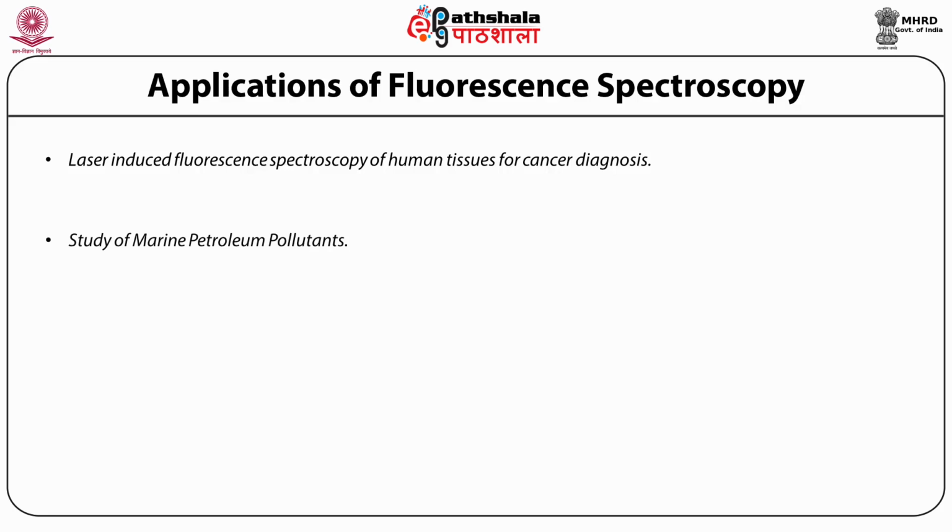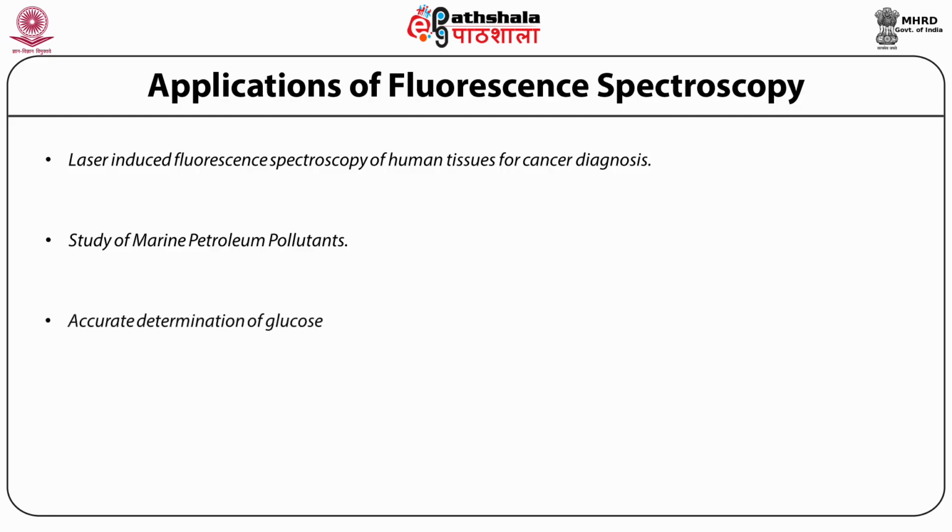Here, fluorescence spectroscopy is used to determine oil slicks on the water surface, determination of petroleum contaminants in seawater, and determination of particular petroleum derivative compounds as well as identification of pollution sources.